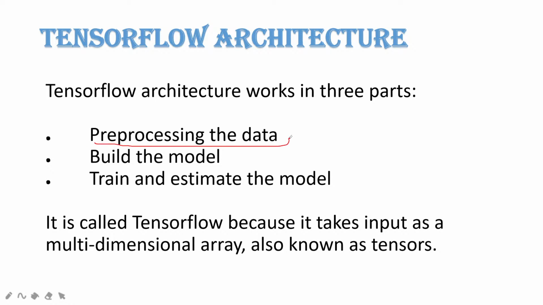The first part is pre-processing the data. Whenever you assign any data using TensorFlow, you need to give some important keywords, like placeholder, and what data type you are entering. For example, if it is a 32-bit integer, you need to specify it is a 32-bit integer.